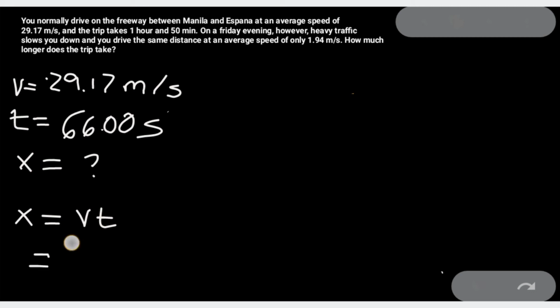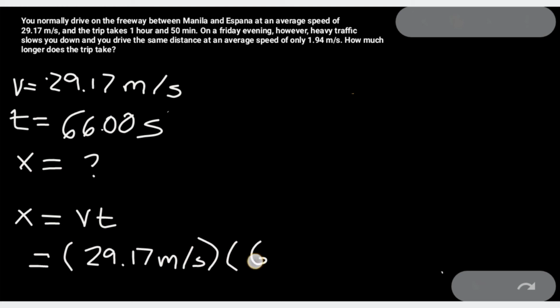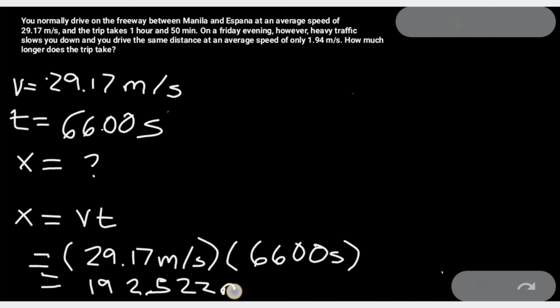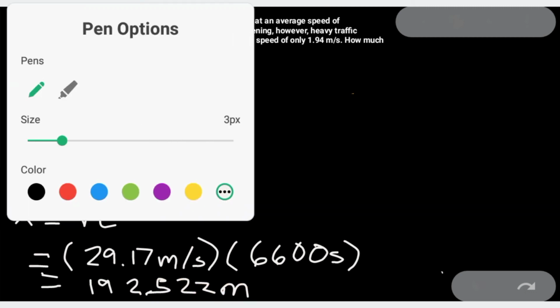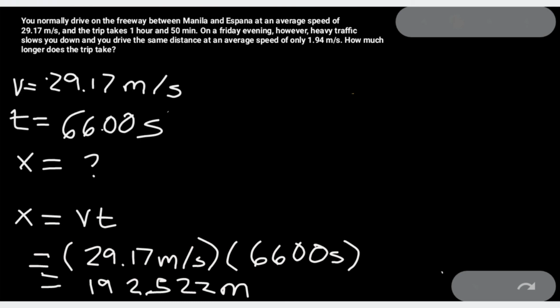So the average speed is 29.17 meters per second, and the time is 6,600 seconds, or the total time rather. 6,600 times 29.17, we have now 192,522 meters. So this is the distance that you travel from Manila to Espana.